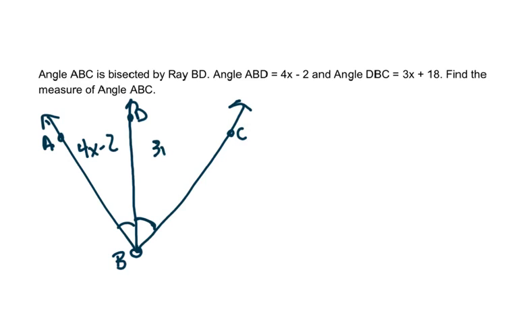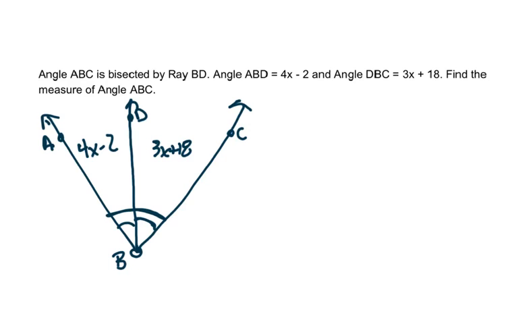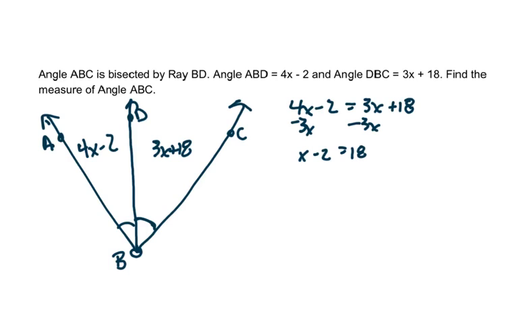DBC is 3x plus 18. And then it says find the measure of ABC. And what we're going to do is, these are equal to each other. So I'm going to do 4x minus 2 equals 3x plus 18. I'm going to subtract 3x. x minus 2 equals 18. And that means when we add 2 to both sides, x equals 20.